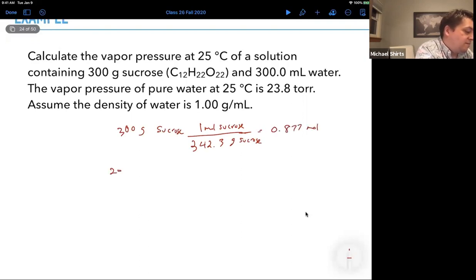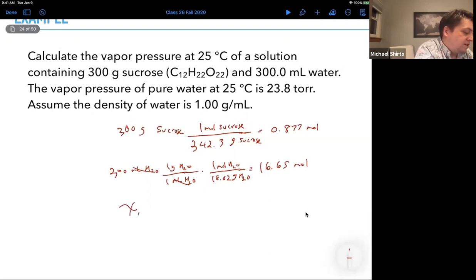We have 300 milliliters of H2O, and for 1 milliliter, we have 1 gram H2O. That cancels. And then we have 18.02 grams H2O per 1 mole H2O. And that gives us 16.65 moles.